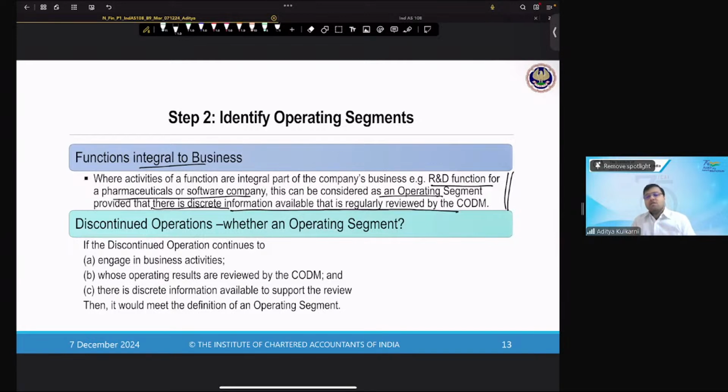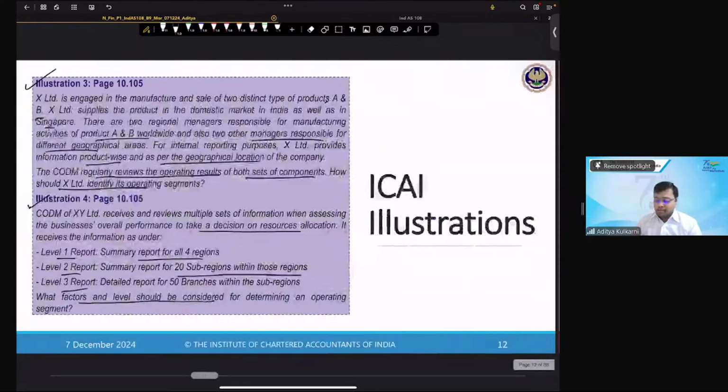But can I function without such a team? Answer is no, because their provision of templates, provision of updates, teaching them the updates, that is critical for the organization's operations. And therefore, this particular operating segment, though it does not generate revenue, will be considered as an operating segment if it is regularly reviewed by the CODM.